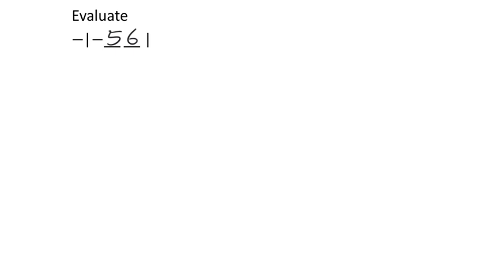Okay, so I'll type this one out. Let's do this one. This is negative absolute value of negative 56. I'm going to say that it's the opposite of the absolute value of negative 56. Right now, what I'm going to do is just focus on the absolute values. Why am I doing that? Because it's order of operations.